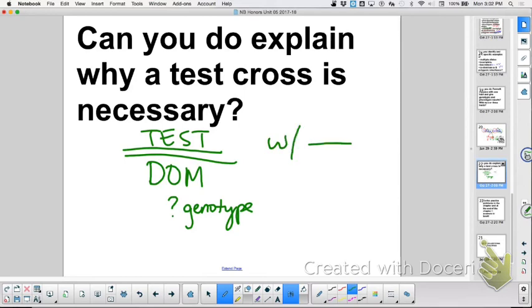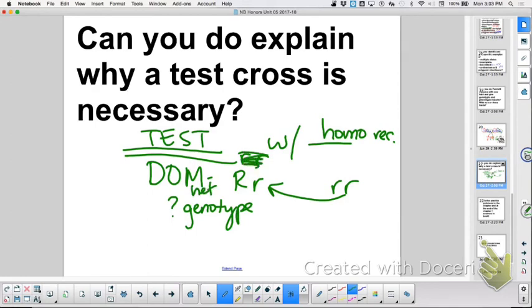Homozygous recessive, because I know they're always going to give the recessive trait every single time, and then I look to see what happens. If half the time it turns out big R, little r, and half the time little r, little r, then I know this guy was probably hetero, right? But if every single time it turns out round, he was probably homozygous dominant. Okay?